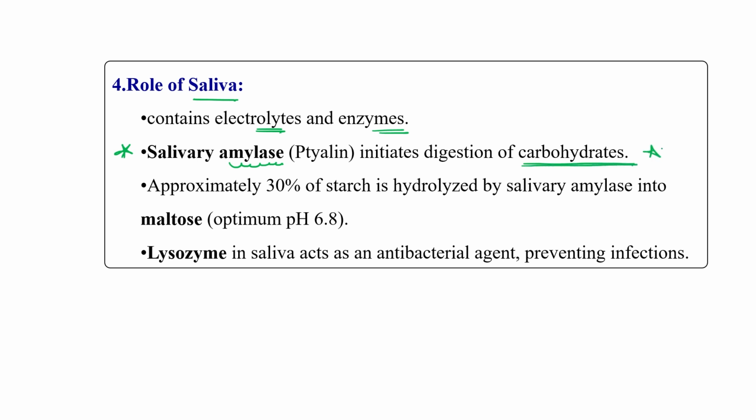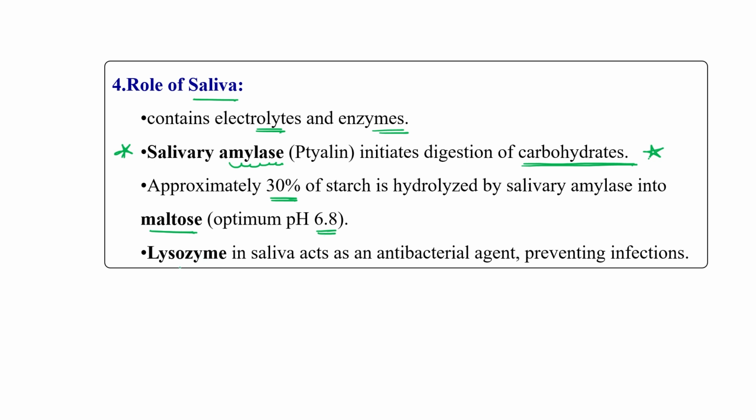So digestion starts in the mouth cavity itself, mainly carbohydrate digestion, because our saliva contains amylase enzyme, and amylase enzyme is mainly involved in the digestion of carbohydrate. Clear? And approximately 30% of the starch is hydrolyzed by the salivary amylase into maltose form. Polysaccharide to maltose form. What is the optimum pH? Optimum pH is 6.8.